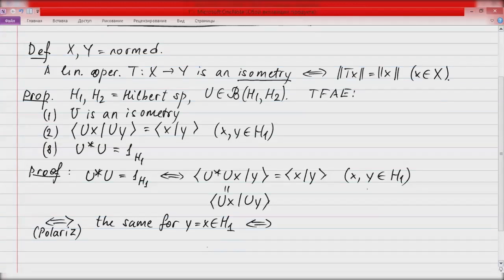And this is precisely condition 1, because if we substitute y equals x here, we see that the norm of Ux squared equals the norm of x squared. So by taking the square roots, we get the following formula. And this means precisely that U is an isometry. Okay, this completes the proof.